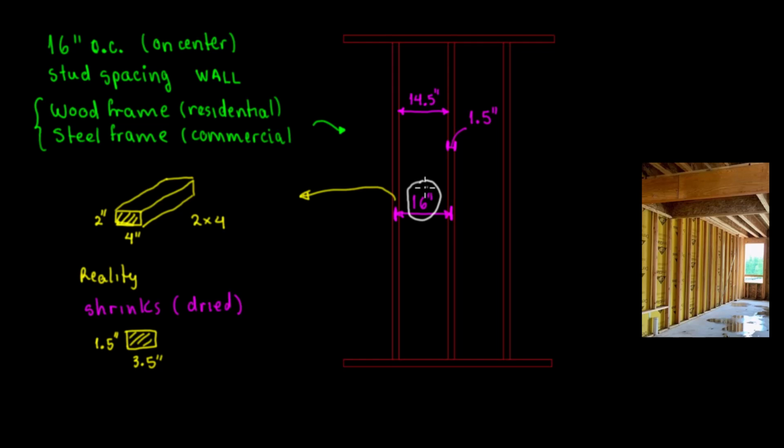Usually, whenever we're doing heat load calculations, you're going to have a wall that is either 16 OC, on center, or 24 OC on center.